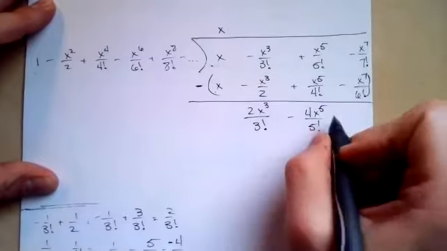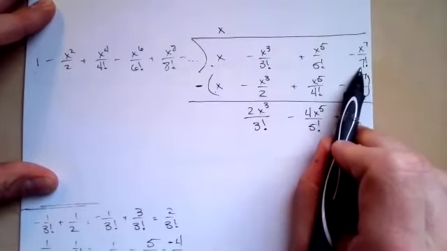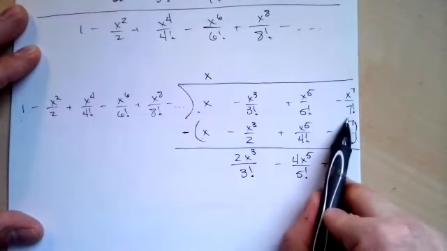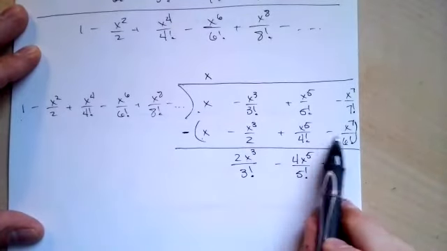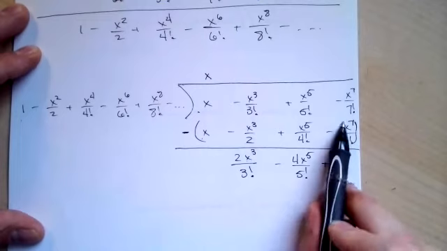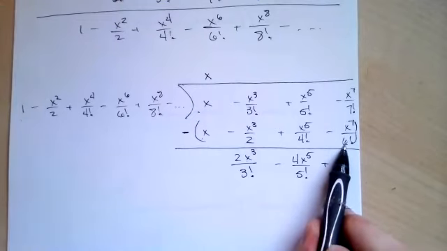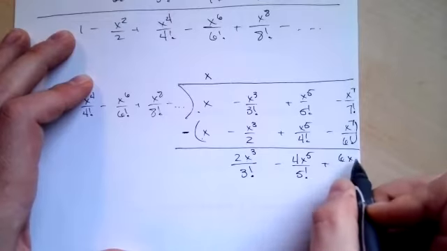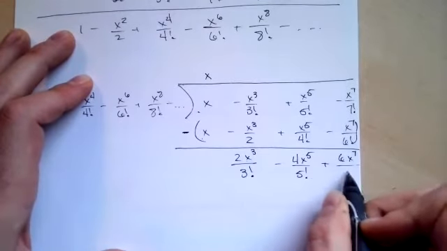And then here, what are we going to have? We're going to have negative 1 over 7 factorial plus 1 over 6 factorial, which is 7 over 7 factorial. So we're going to get 6 over 7 factorial.